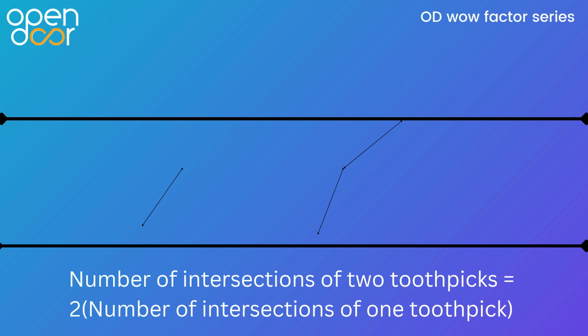We'll get double. Now that part is obvious, but that should hold: the number of intersections should become double even if the 2 toothpicks are joined together. So even if the 2 toothpicks are joined at the end, and no matter what shape they are, whether they're straight or bent, it should double. And then if you add one more, it'll become 3 times the original value. If you add one more, it'll become 4 times, and so on and so forth.